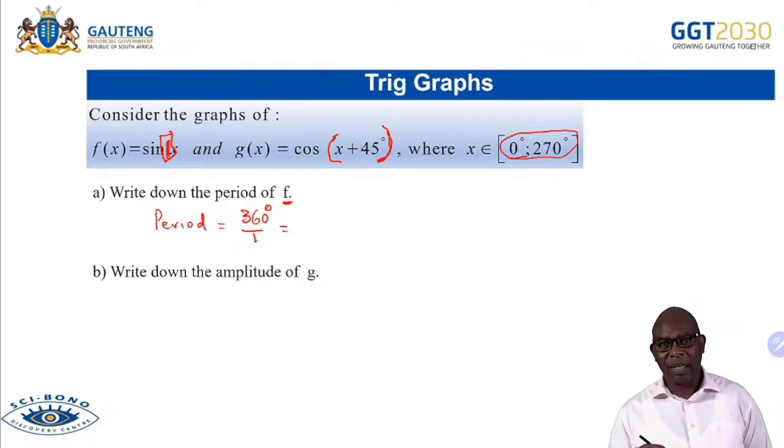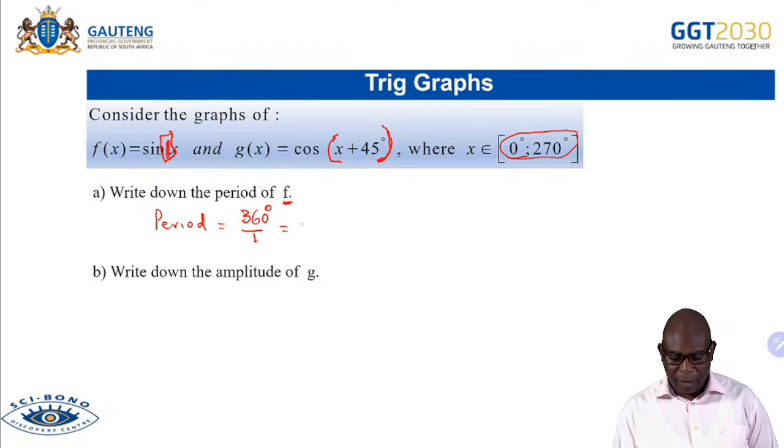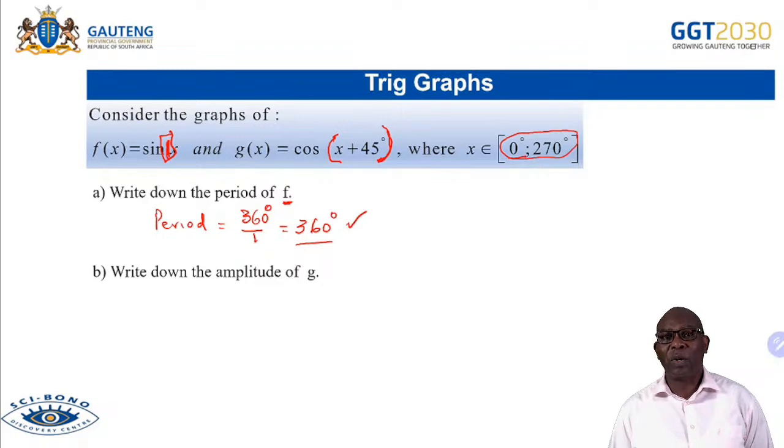If it's 3, I'll say 360 divided by 3. In this case, I've divided by 1, so my period is 360. That's 1 mark. What is the amplitude of the graph of g? Amplitude is that number that sits there, which is 1. So my amplitude is equal to 1. These 2 marks are easy, straightforward marks that we must get.